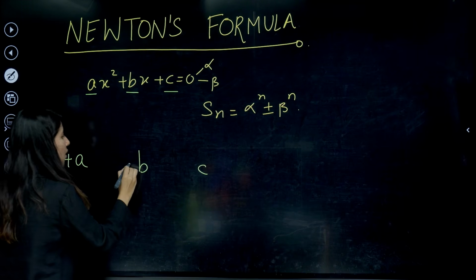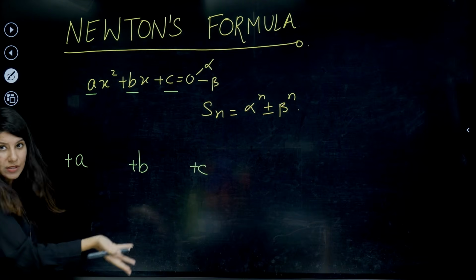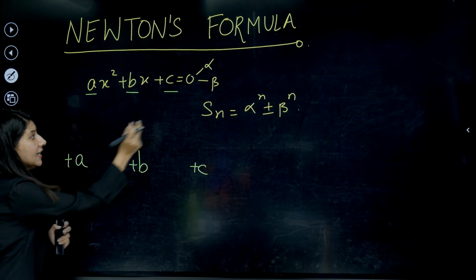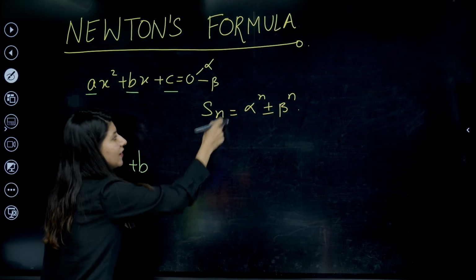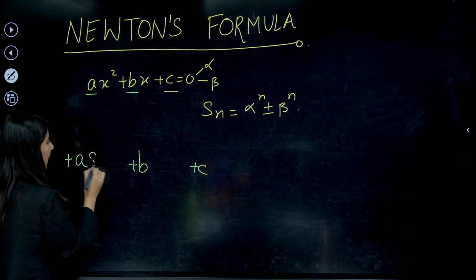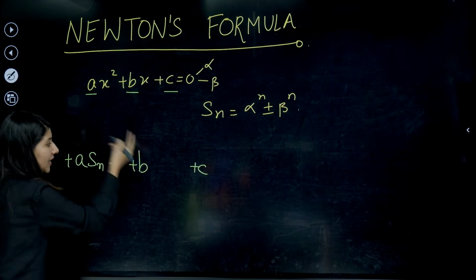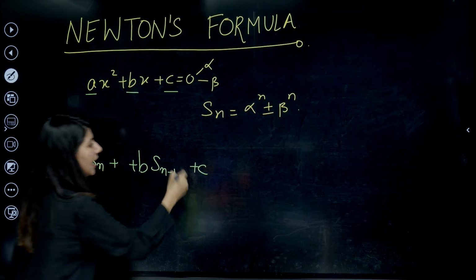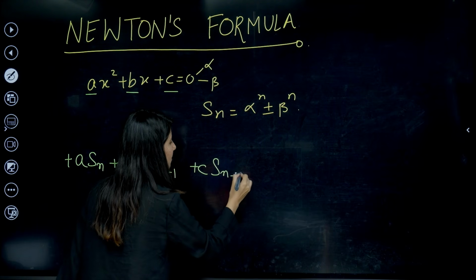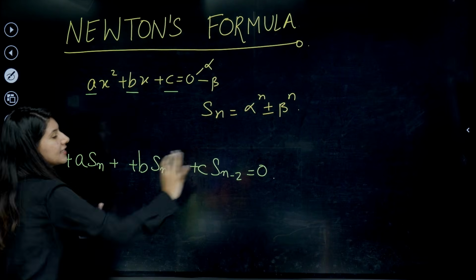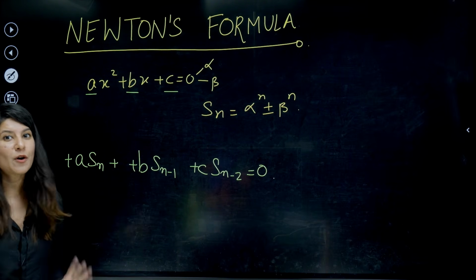Right now we have a, b, c with a positive sign, and now you can multiply the sequential terms of Sn. How? Let me show you. So a will be multiplied with Sn, then b will be multiplied with Sn minus 1, one less than that, and c will be multiplied with Sn minus 2. This is equal to 0. This is a valid statement. That's all. This is the Newton's formula.